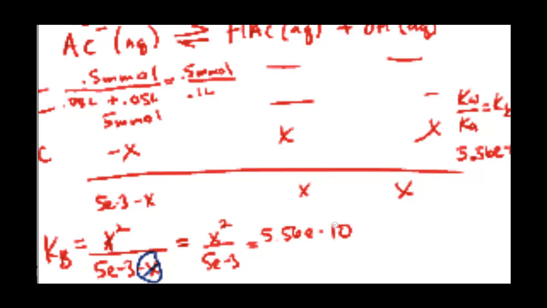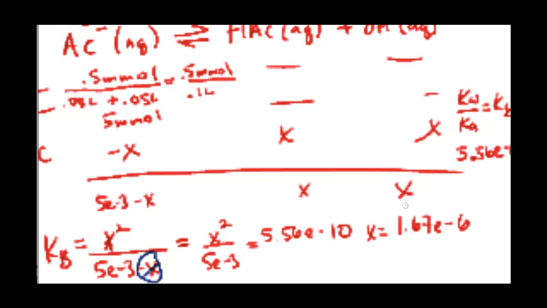Alright, so if you multiply that across, do it with me, don't just sit there and watch, and square root that answer. You get 1.67 times 10 to the negative 6.